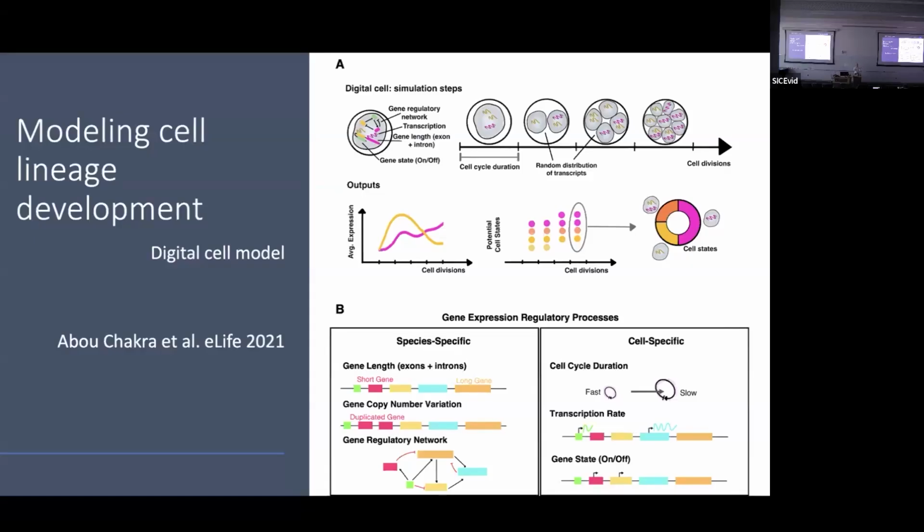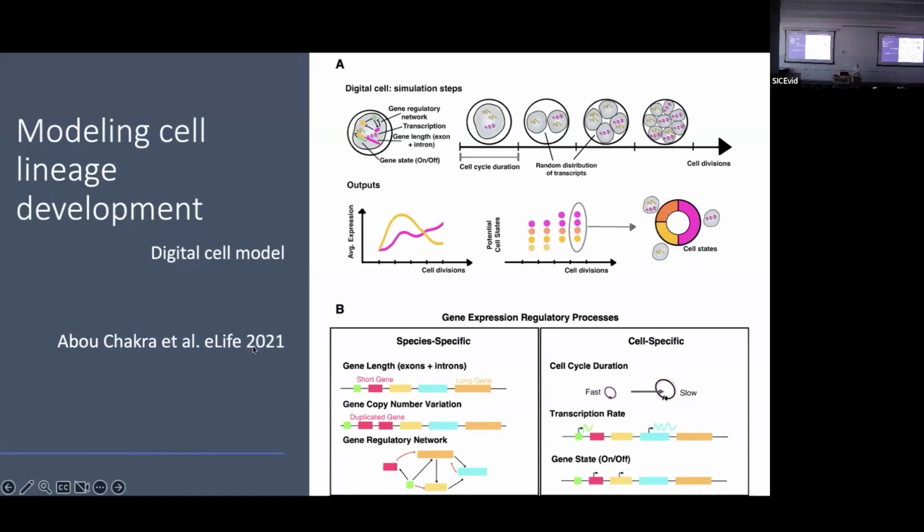And when the cell divides, all of that transcription gets interfered with, and you basically lose all of those transcripts that haven't been finished at that point. So we've been investigating how that combination of parameters, the length of the gene and the cell cycle duration, can be used to define or control gene expression patterns.